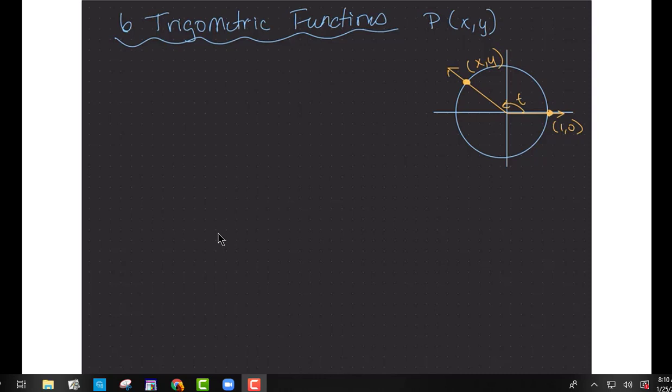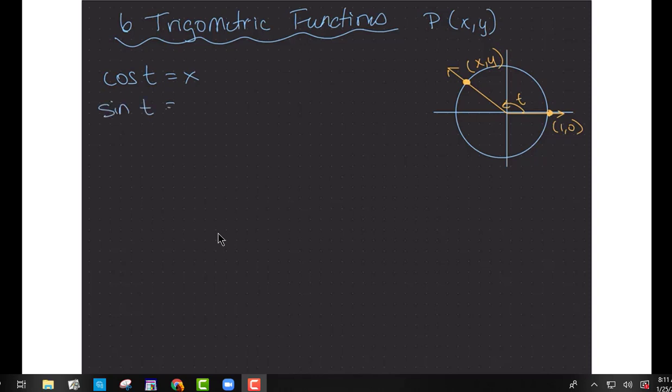Our first trigonometric function is cosine. Cosine of t is just going to be our x value. After cosine comes sine.